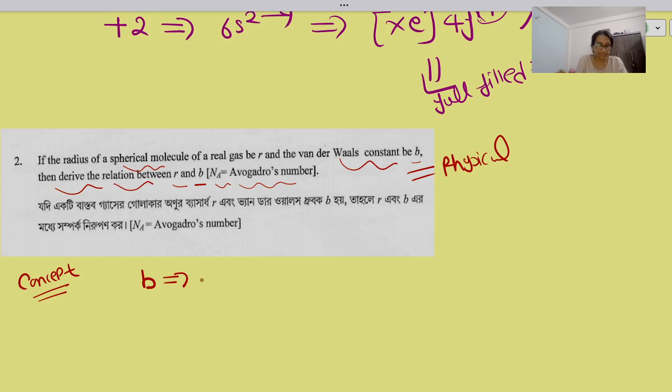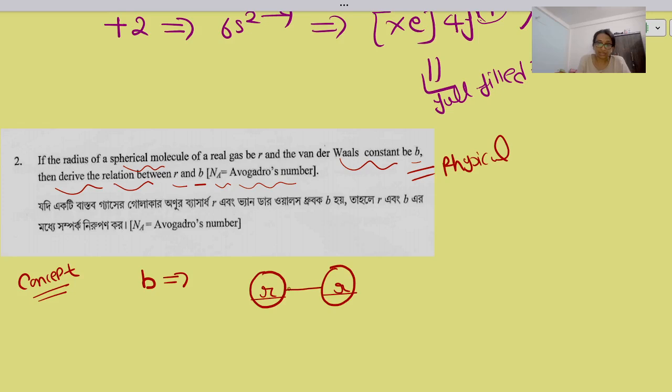It is not just the actual volume of the molecule, but the volume from which the centers of other molecules are excluded due to mutual intermolecular repulsions, because there are two gaseous molecules present, and the radius of each molecule is r.